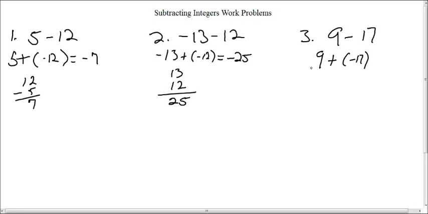Subtract the smallest absolute value, which is 9, from the absolute value of the largest number, which is the absolute value of negative 17, 17 minus 9. That will give you 8. But because 17 is negative, your sign will be negative.